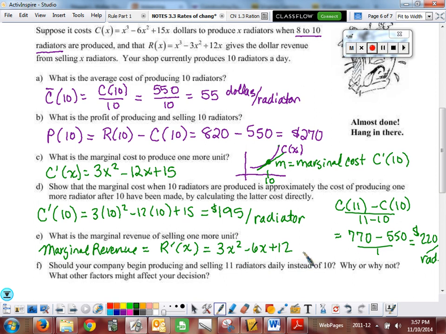So we're going to look at R prime of 10 and do that calculation. All right, and so that's going to be $252.